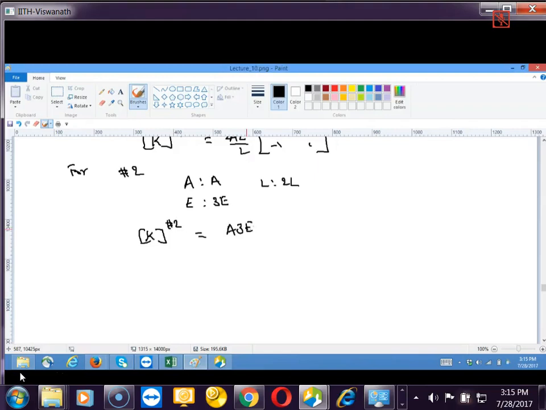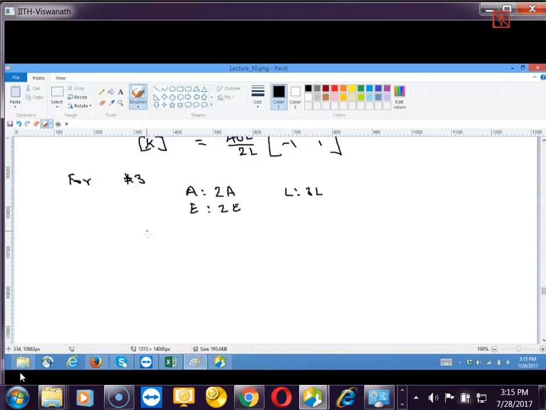For element 3, my A is defined as 2A, E is defined as 2E, L is defined by 3L. So the K for the third element is defined as 2A 2E divided by 3L [1 -1; -1 1].